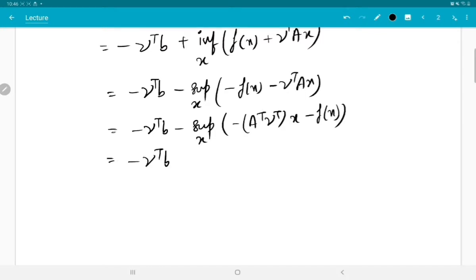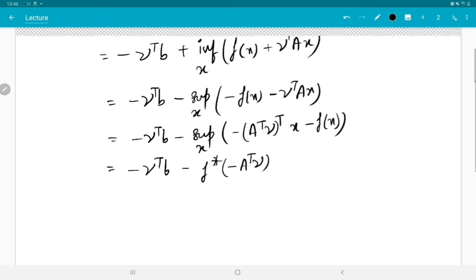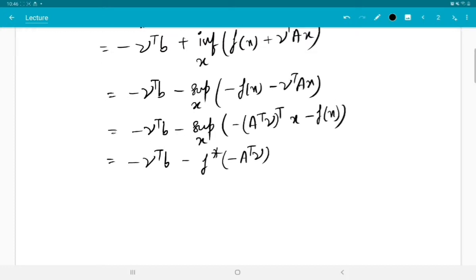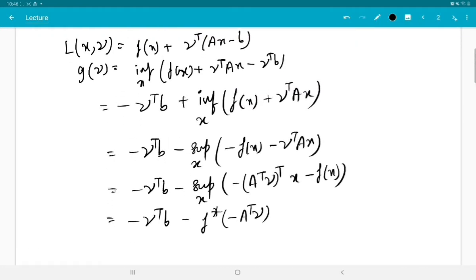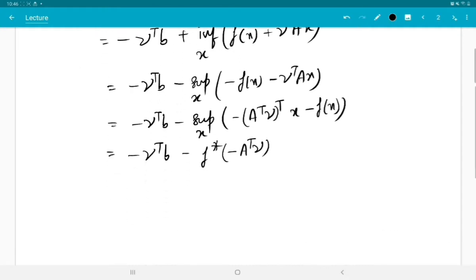This is f star of, sorry, it's minus A transpose nu, whole transpose, minus A transpose nu. So this is our new problem, and this is an unconstrained problem, because we framed the dual, and there are no more constraints anywhere.